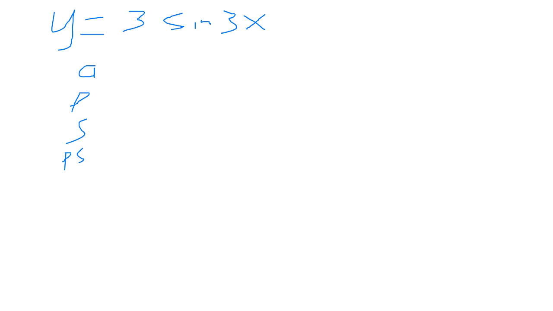Okay, so I think our amplitude is going to be 3. Period is going to be 120. Then step is going to be 30. Phase shift, we don't have any phase shift. Can you tell me these answers in radians?